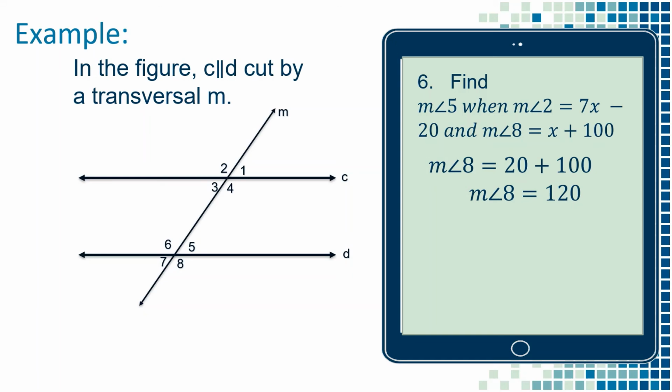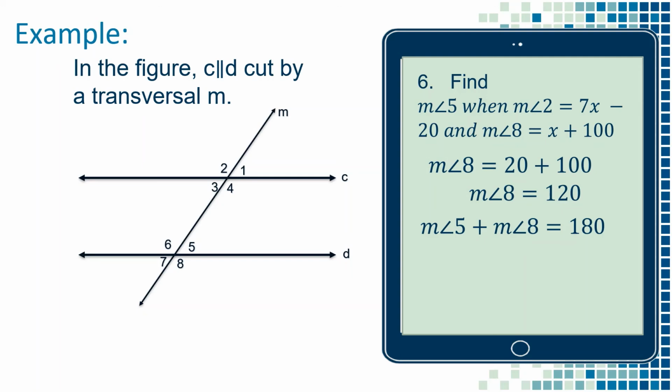Now, to solve for the measurement of angle 5, what relation exists between angle 5 and angle 8? Correct, they are supplementary because they form a linear pair. So we can now say that measure of angle 5 plus the measure of angle 8 is equal to 180.